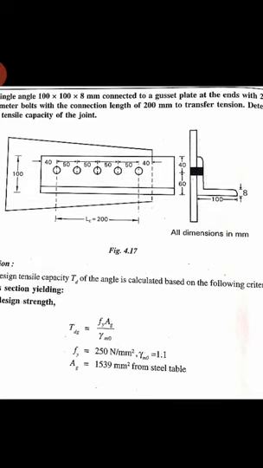The pitch is also given, that is 50, and edge distances are 40 and 40 on either side. Then the leg sizes are 100 and 100, that is an equal angle size. The figure is shown here.